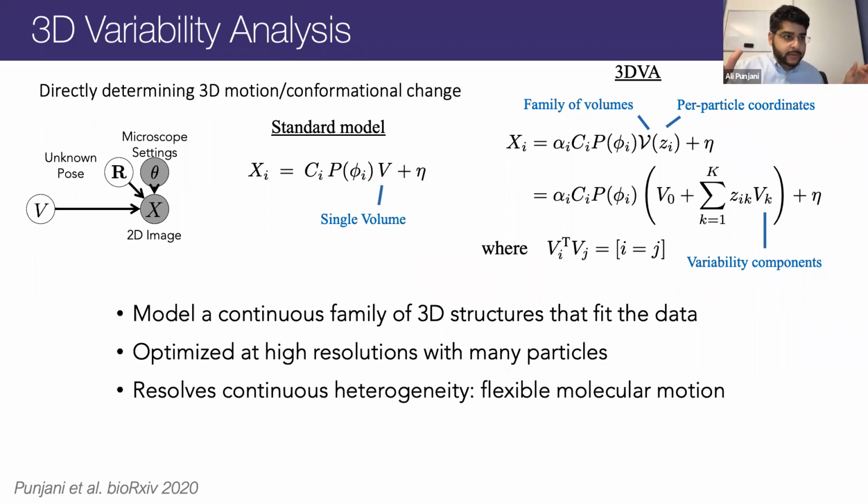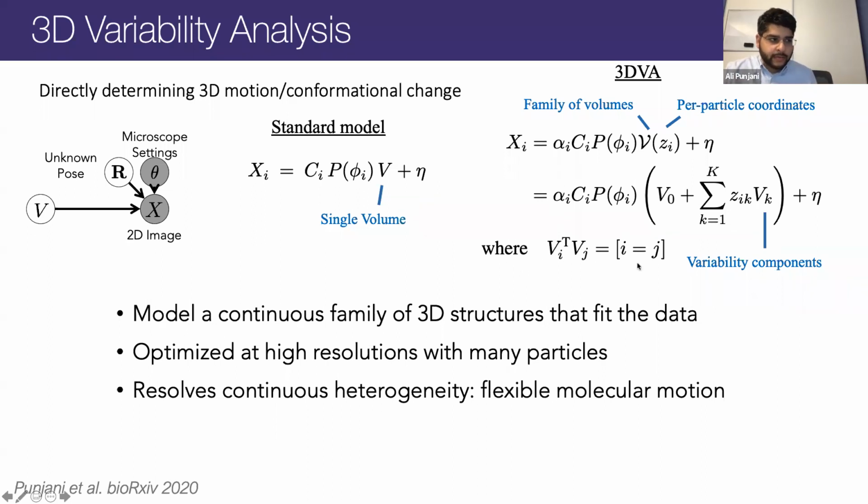It's a simple continuous family, but we can take a basic structure and add some real value, some floating point number times a variability component, to generate a slightly modified or more modified or slightly less modified version of that structure along 5 different dimensions, if K is 5. So hopefully that's sunk in a little bit.